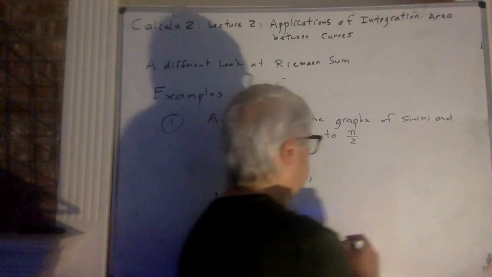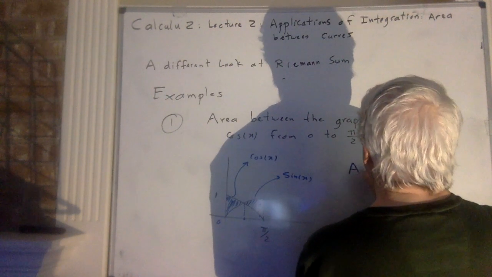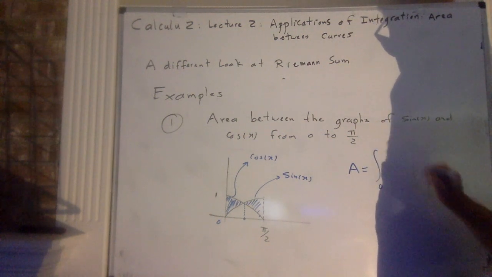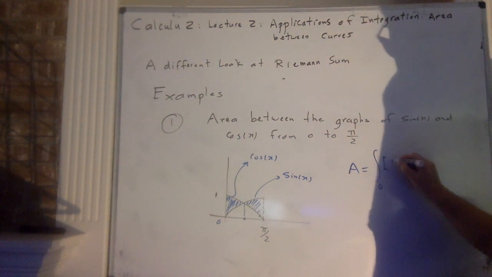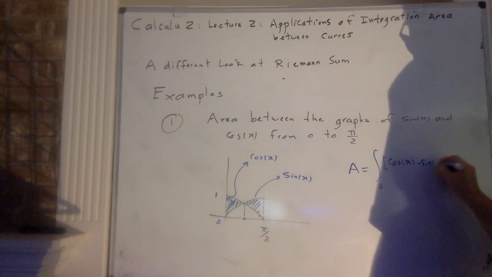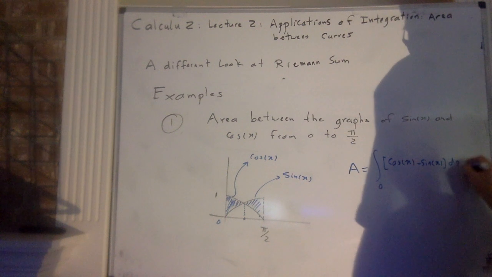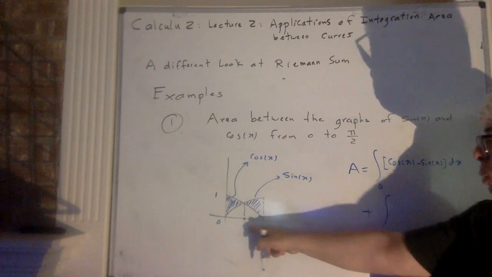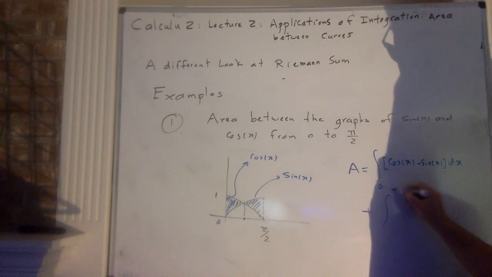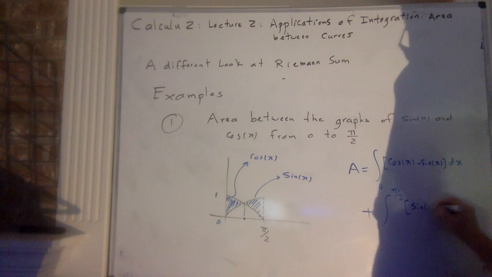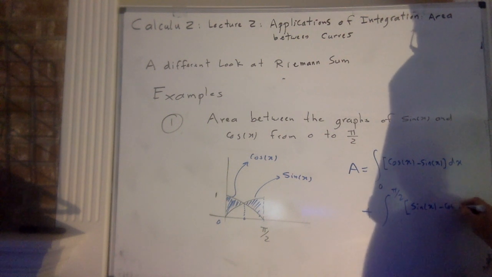So the area will be the integral from 0 to some point, which I don't know what that is, of cosine x minus sine x dx. And from this point to pi over 2, which let's find it, then I will write it here, sine is on top. So it will be sine x minus cosine x dx.